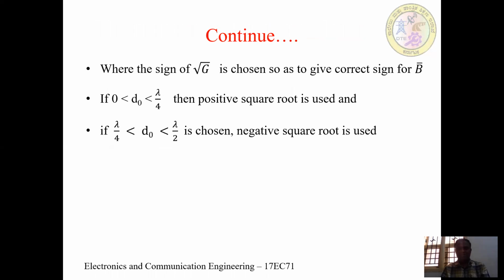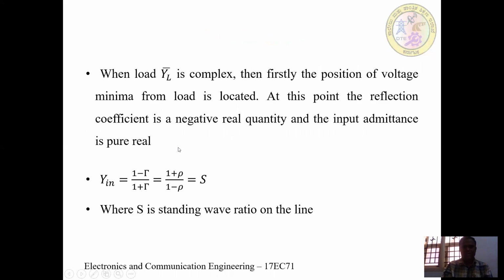If D naught is between 0 and lambda by 4, the positive square root is used, and if it is between lambda by 4 and lambda by 2, the negative square root is used, because the sign is very important for the substitution.